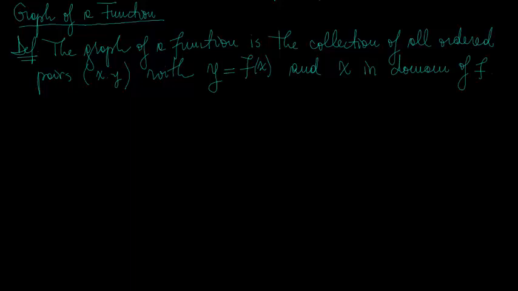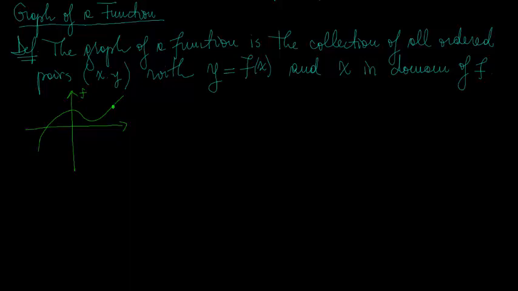So if I look at a specific graph of a function, let's say this, this is the graph of the function f. What have I represented in this Cartesian plane?